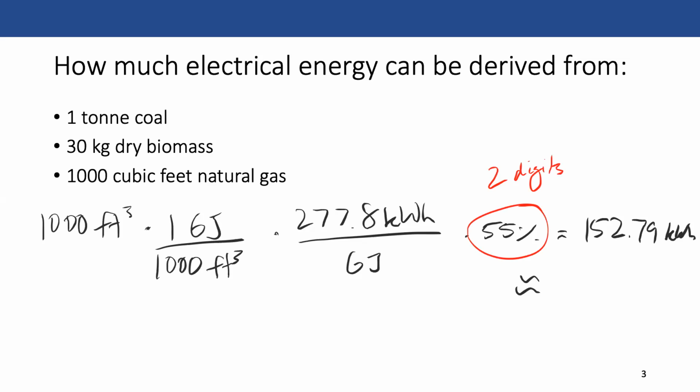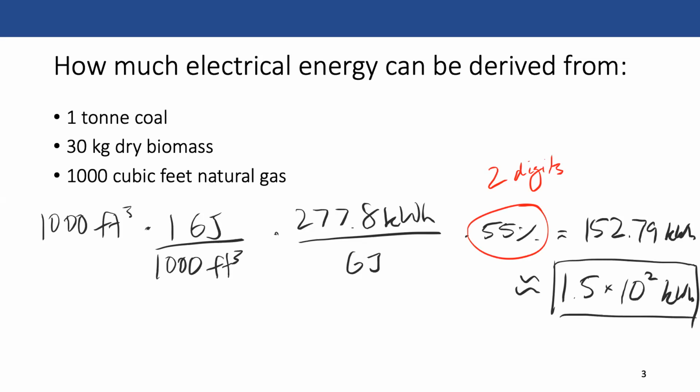So our final answer would be reported as 1.5 times 10 squared kilowatt hours. Okay, same principle as before, cancel out the units, make sure that we have everything lined up nicely, and that'll be our last example for dimensional analysis.